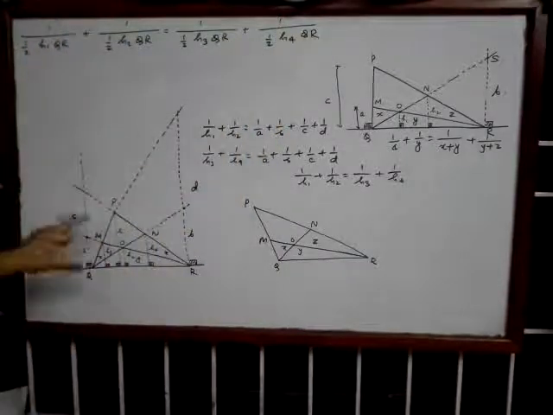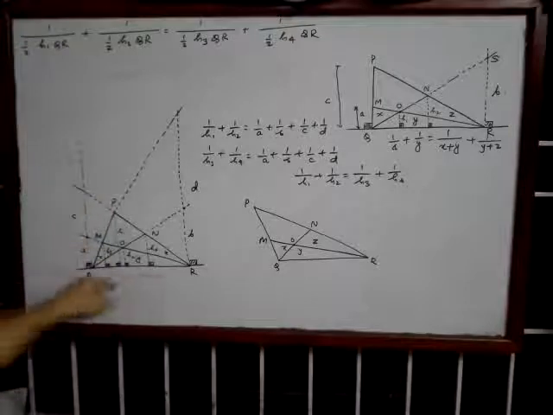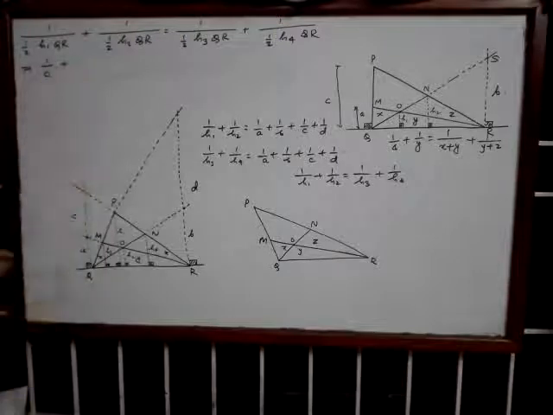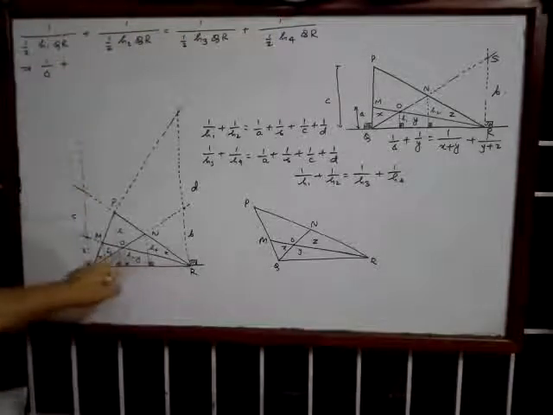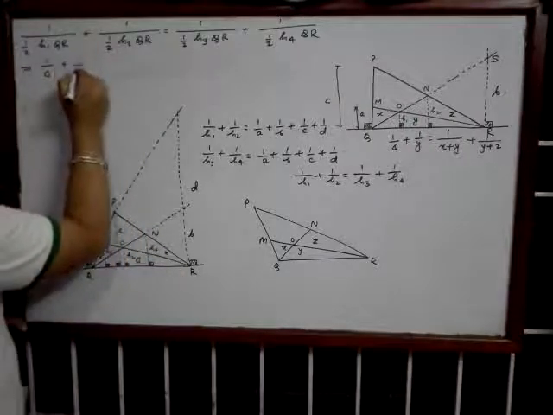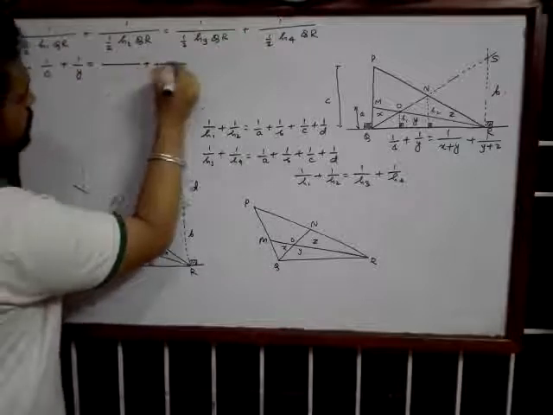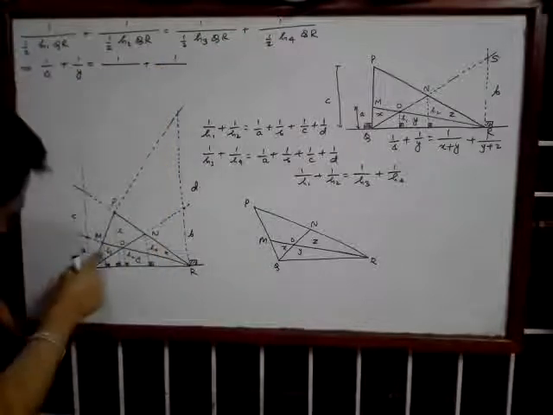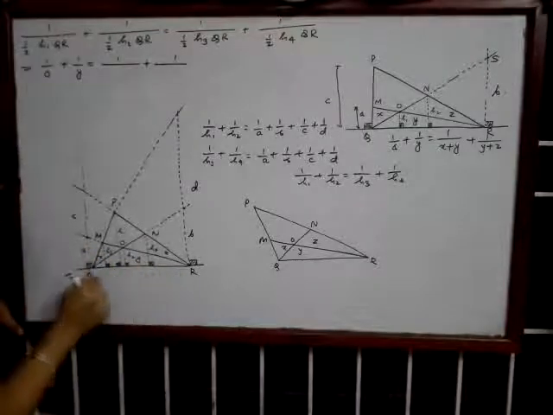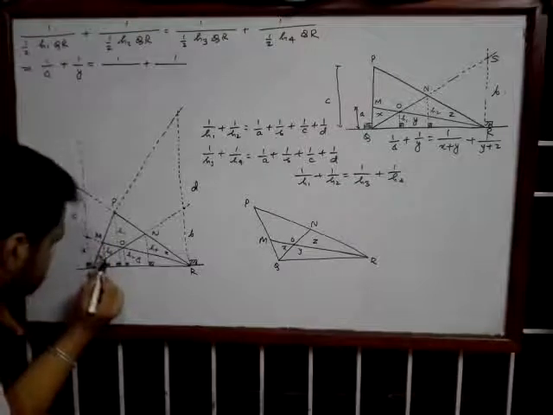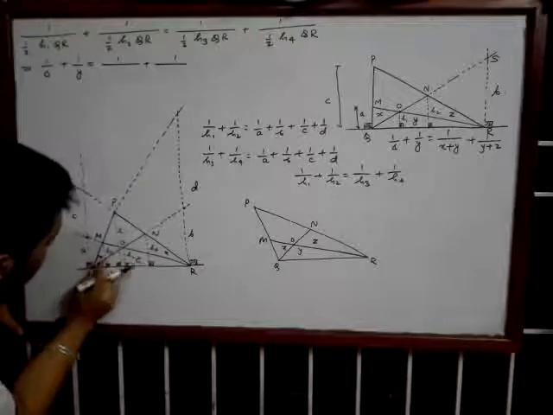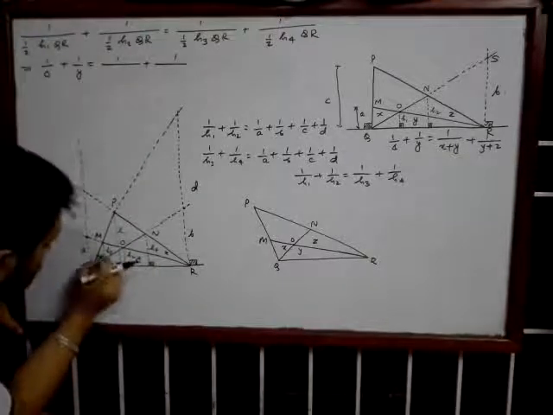Now, half H1 into QR means this entire triangle, so 1 by its area, plus half H2 QR. H2 QR means this triangle QOR, whose area is 1 by Y. H3 times QR means triangle MQR, so its area is X plus Y. This entire triangle means the sum of this triangle plus this triangle in terms of area.